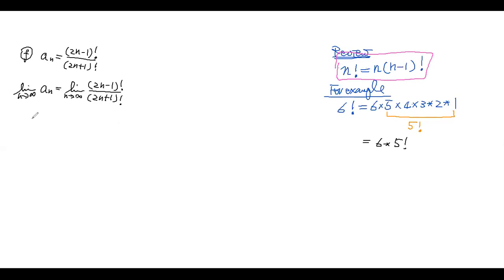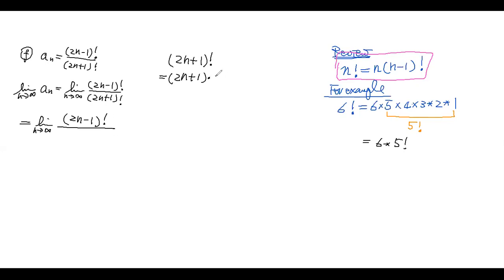Okay, now let's take a look. How do we use this here? I'm going to say this is the limit as n approaches infinity. The top here is (2n minus 1) factorial. Okay, so I'm going to break down the (2n plus 1) factorial here. Based on the formula I just told you, what is (2n plus 1) factorial going to be equal to? It will be equal to (2n plus 1) times what?